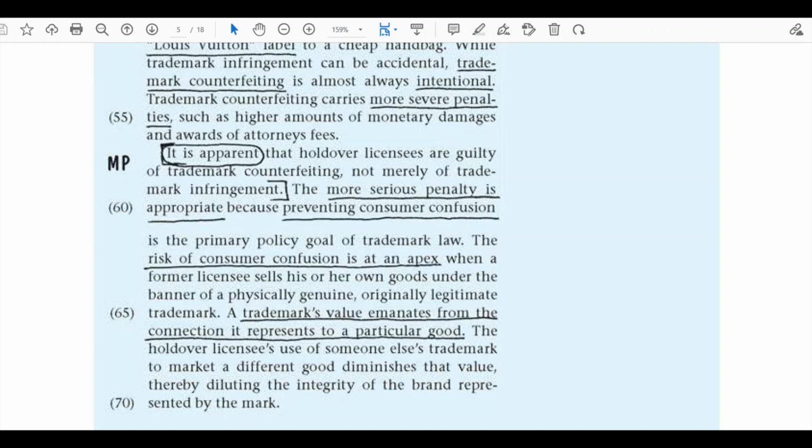The risk of consumer confusion is at an apex when a former licensee sells his or her own goods under the banner of a physically genuine, originally legitimate trademark. A trademark's value emanates from the connection it represents to a particular good. The holdover licensee's use of someone else's trademark to market a different good diminishes that value, thereby diluting the integrity of the brand represented by the mark.